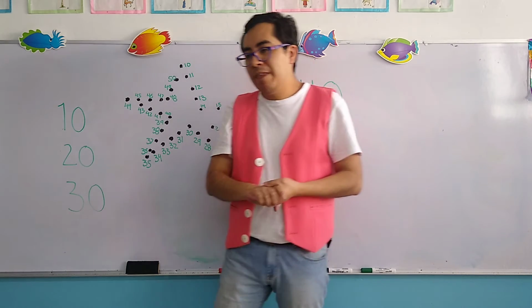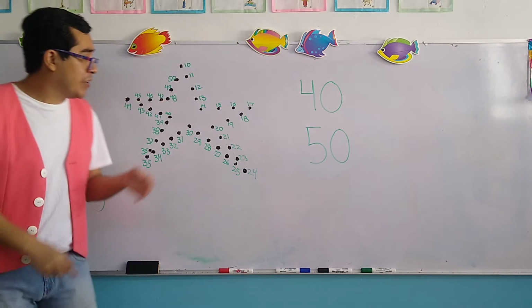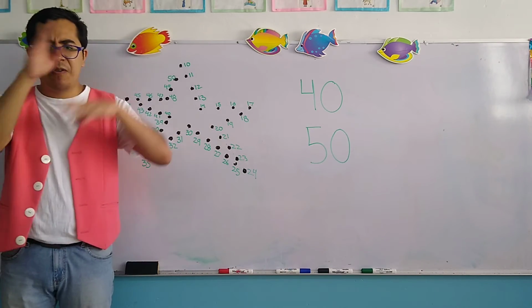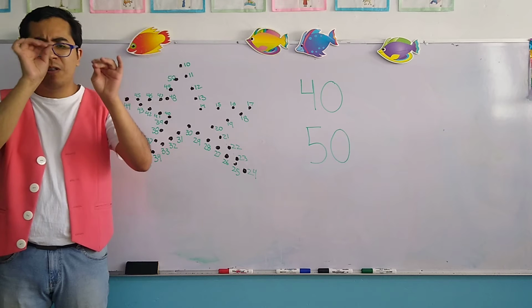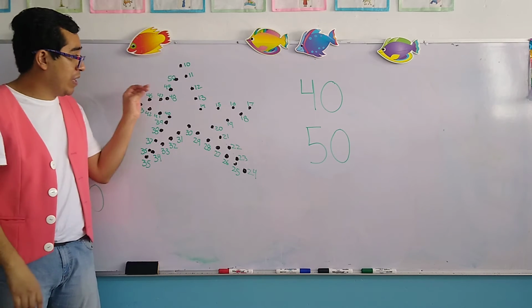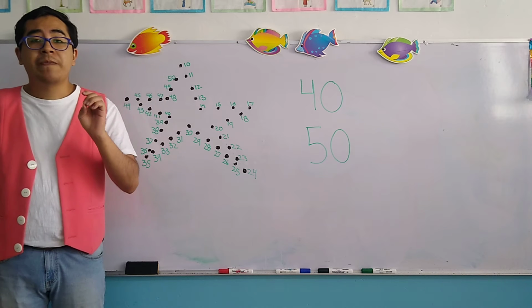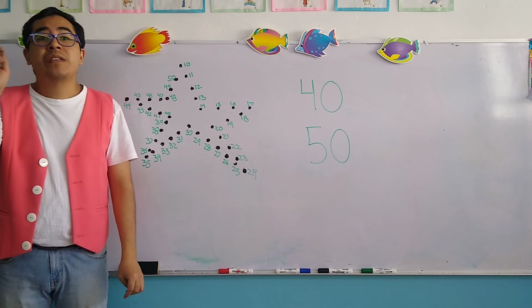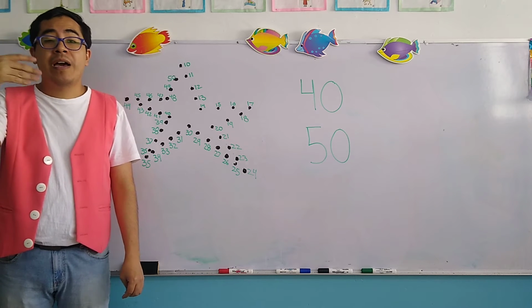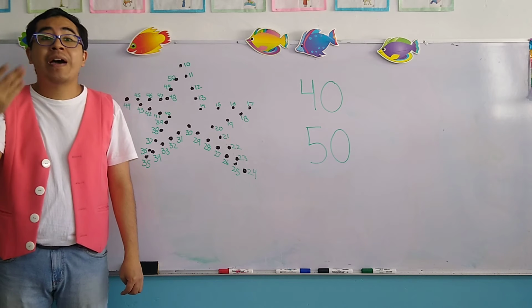Let's begin. Now, here, as you can see, we have a lot of small little dots, okay? Tenemos pequeños puntitos, and all of these small little dots, if we join them together, they create an image, a drawing, a picture at the end.